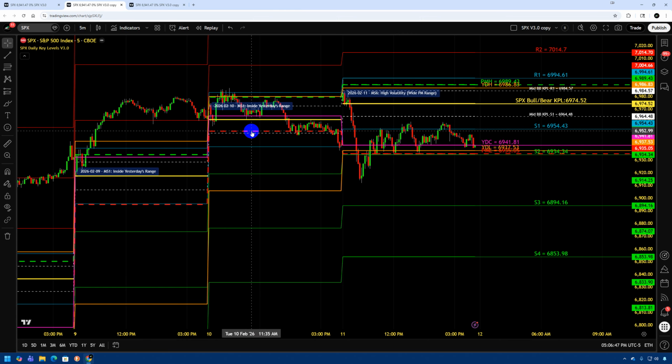Remember, with this indicator, as we pointed out many times in all of our SPX session videos, this indicator is not just for taking trades off the bull bear key price level. It's taking bullish and bearish trades off of any of the main key levels based on the bullish or bearish setups being presented by price action within the session.